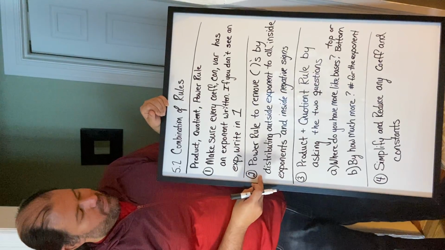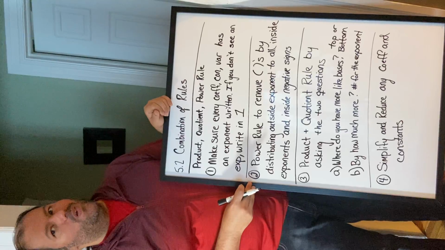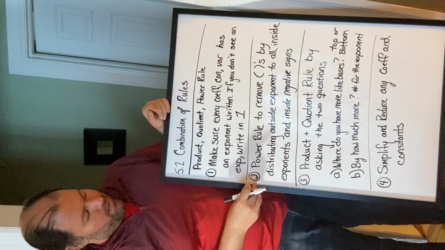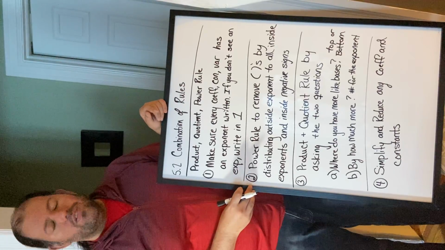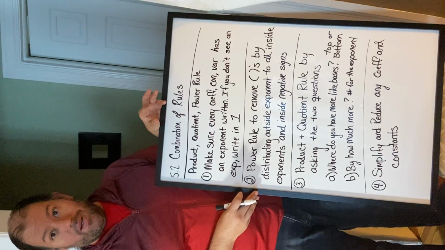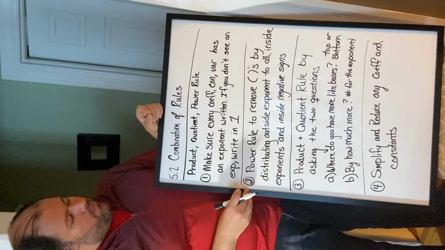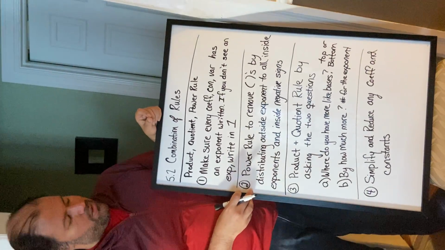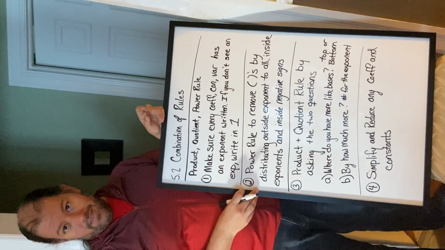The second step is we want to do the power rule next. We didn't have the power rule until today. The power rule is used to help remove the parentheses. How? We're going to take the outside exponent and distribute it to all inside exponents.